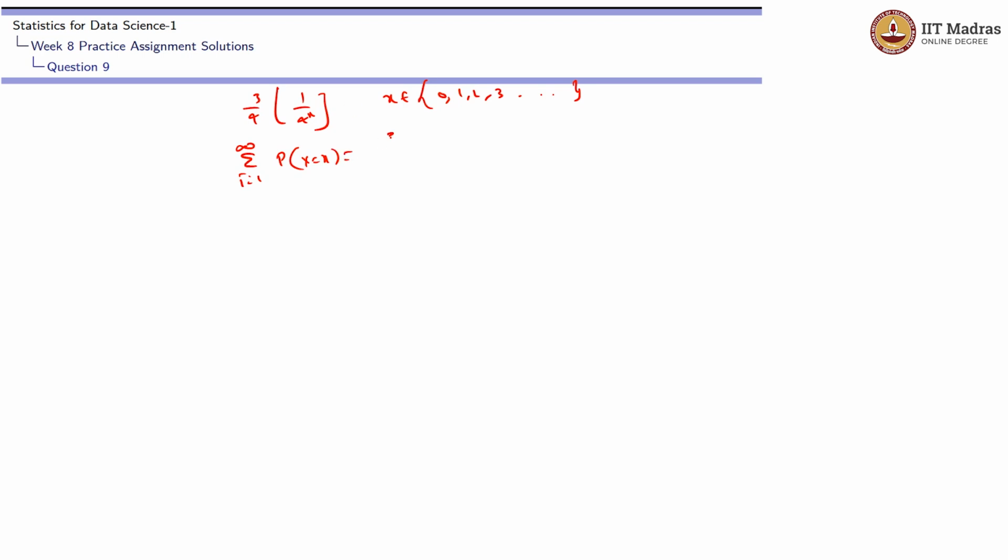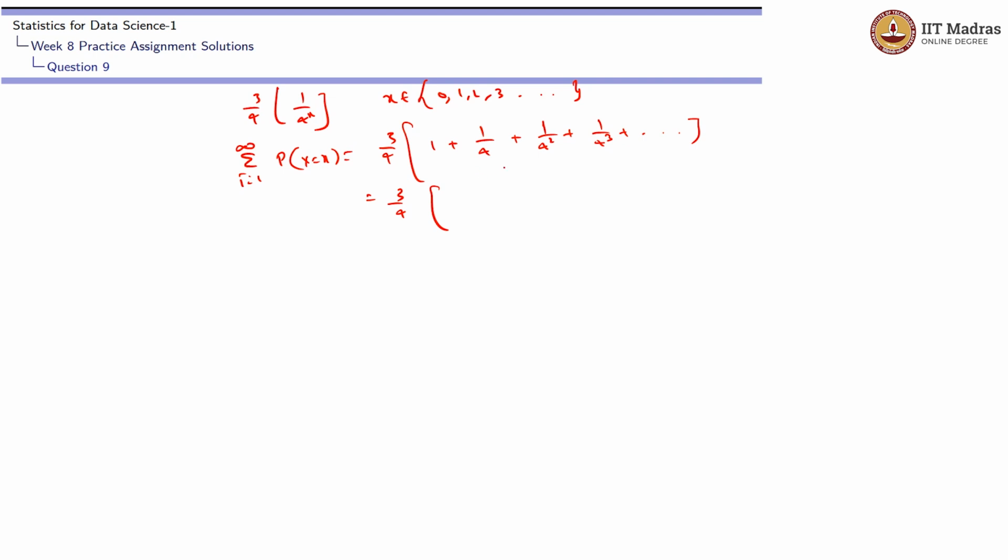That is equal to 3 by 4 into, if we substitute x equals 0, we get 1 by 4 power 0, which is nothing but 1, plus 1 by 4 power 1, which is 1 by 4, plus 1 by 4 square, plus 1 by 4 cube, and so on, infinite terms.